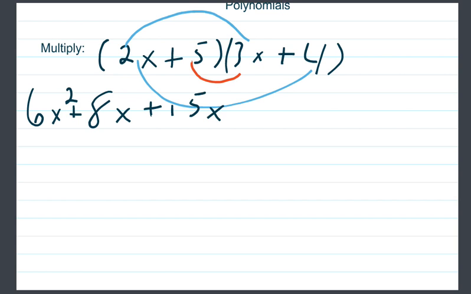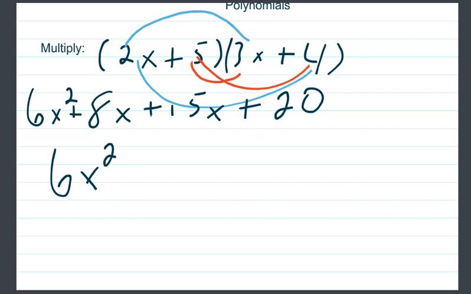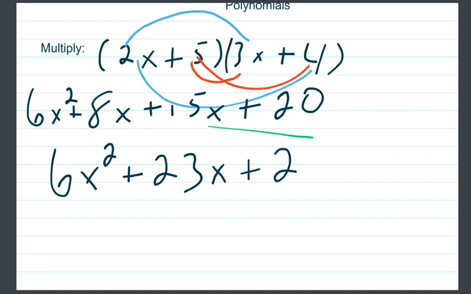And then you would multiply 5 times 4, which will give you 20. And then from there, you just combine like terms. So the 6x squared just drops right down. And then you add the 8x plus 15x. Alright, and then you just drop down to 20. And this is your answer.